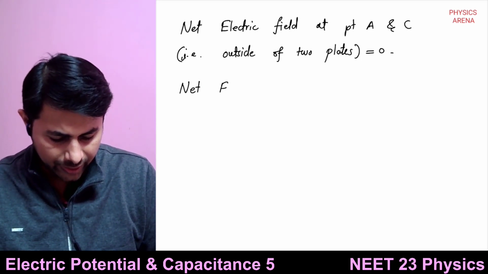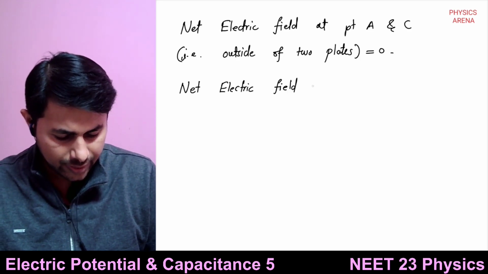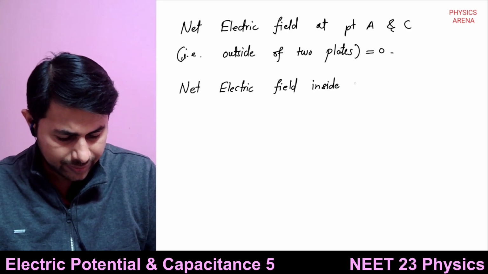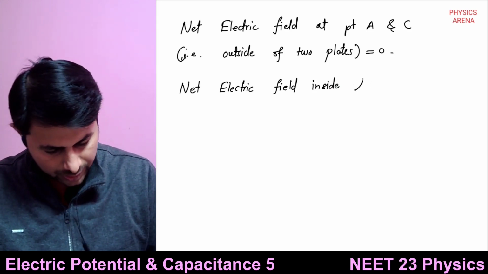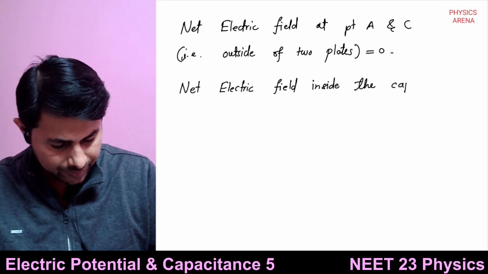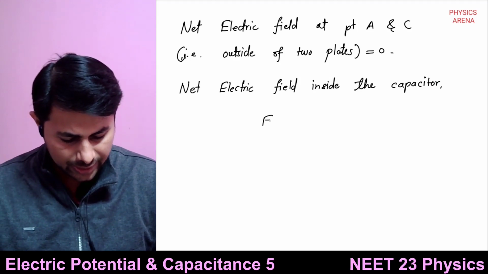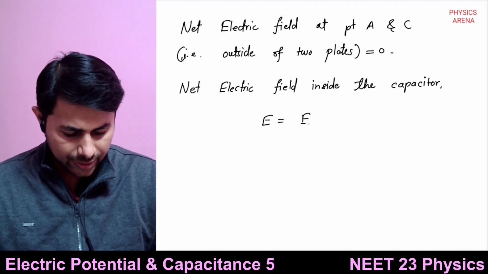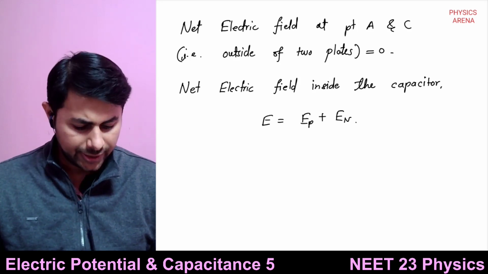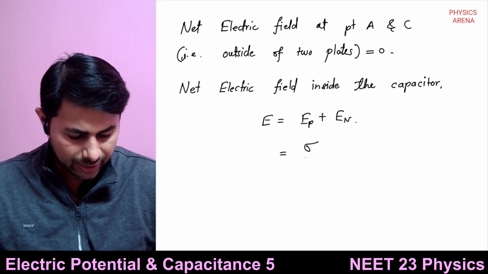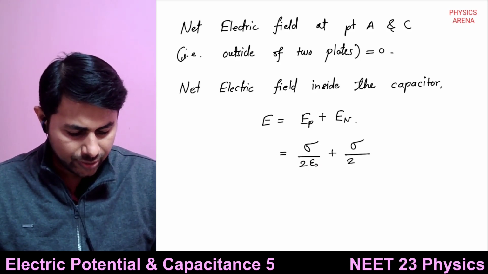And net electric field inside the capacitor, you can say point B, E is equal to what? EP plus En. Now I am considering just magnitude. It is sigma divided by 2 epsilon naught plus sigma divided by 2 epsilon naught.